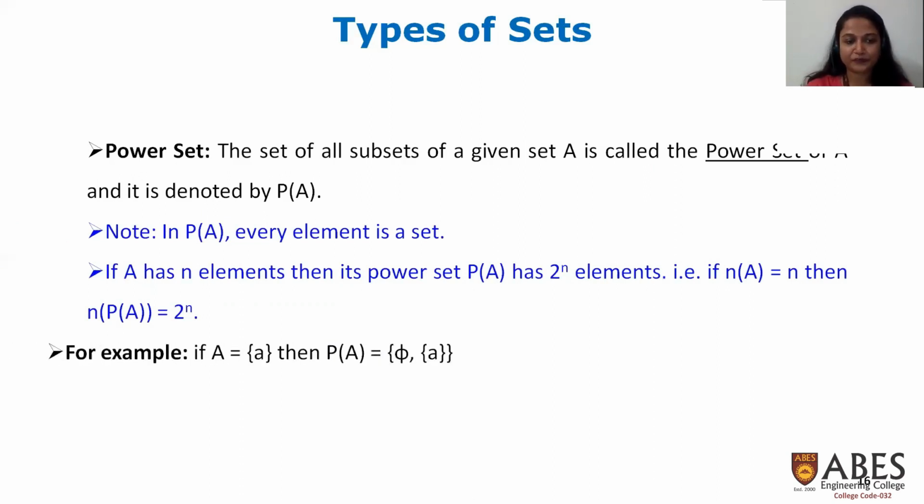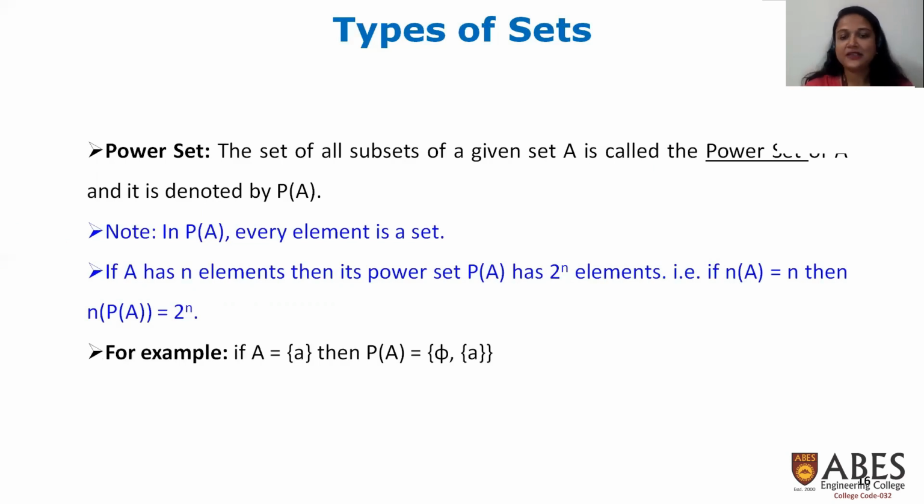For example, for a set A, the power set will include phi because phi is a subset of every set. We have already seen this property, and A will also be a subset of itself. Since we are not talking about proper subsets, we are only considering subsets. That's why in its power set, the single element A is going to be considered.